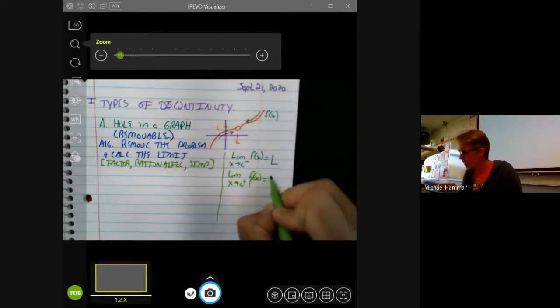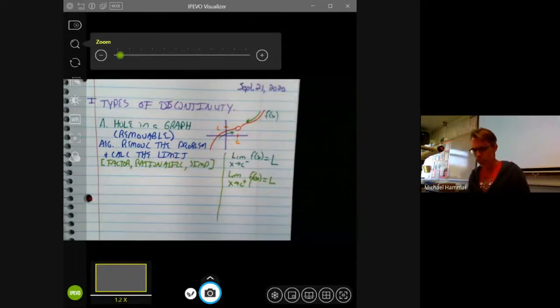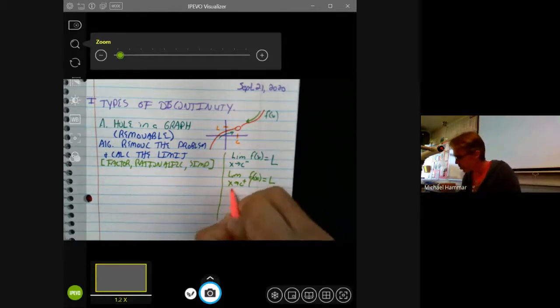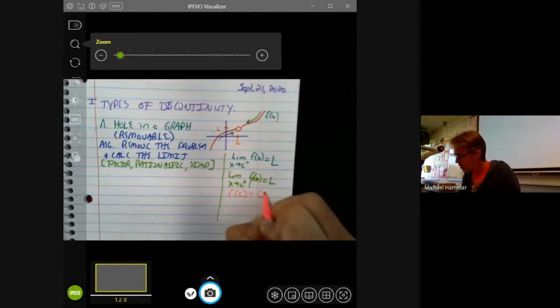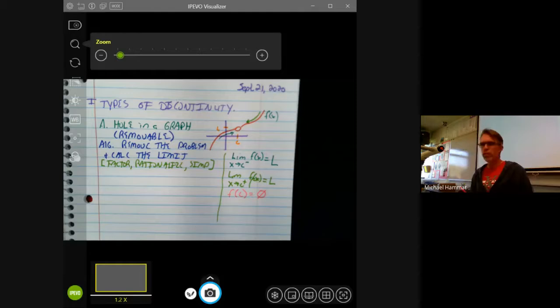We notice that the value is L. Now, the last thing is you need to find the value of the function at that point, and you'll notice that there's a hole there. So it is undefined.